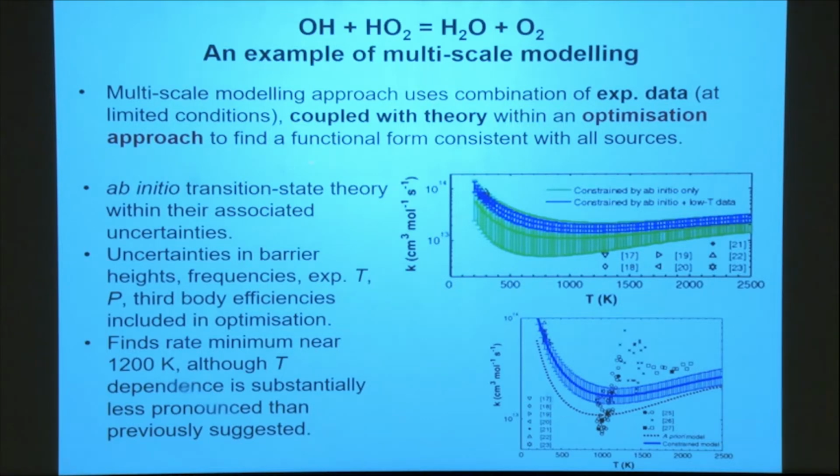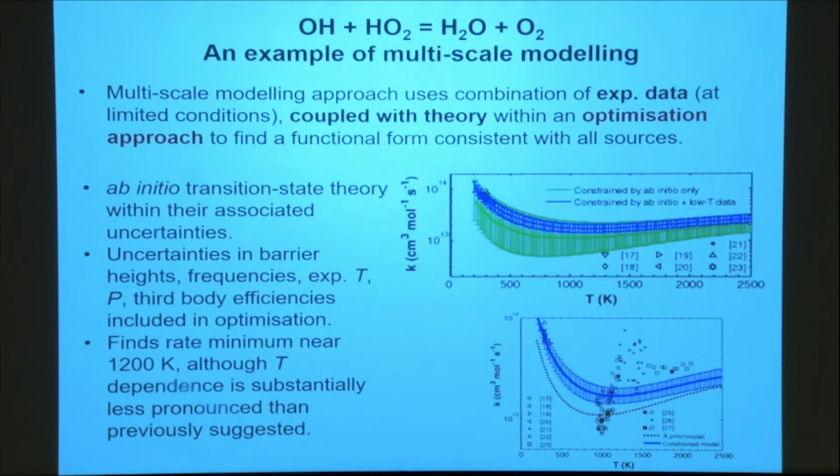And the idea here is that you use the experimental data to fit parameters within your theoretical model over certain conditions, and then you can use your theoretical model over a wider set of conditions to simulate the rate constant over a wide range of temperatures and pressures.